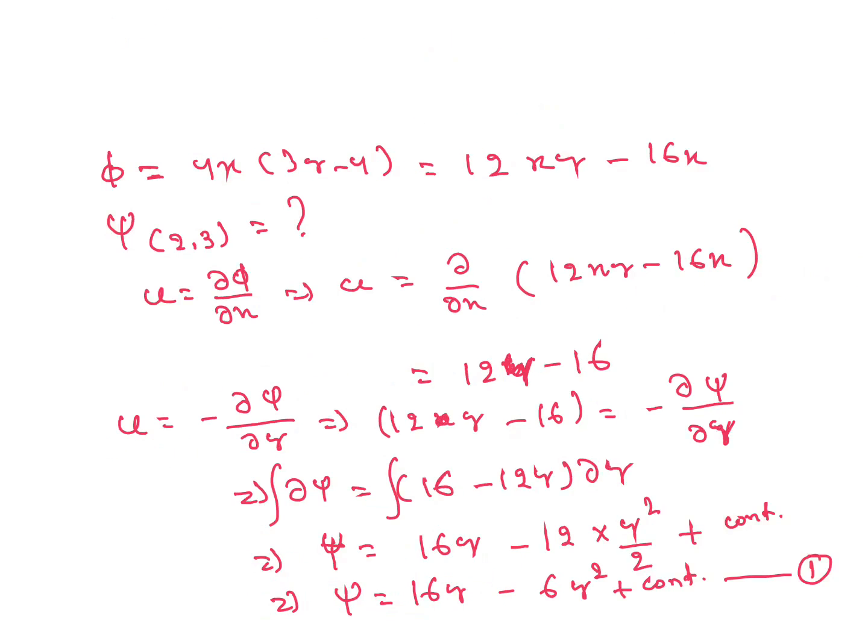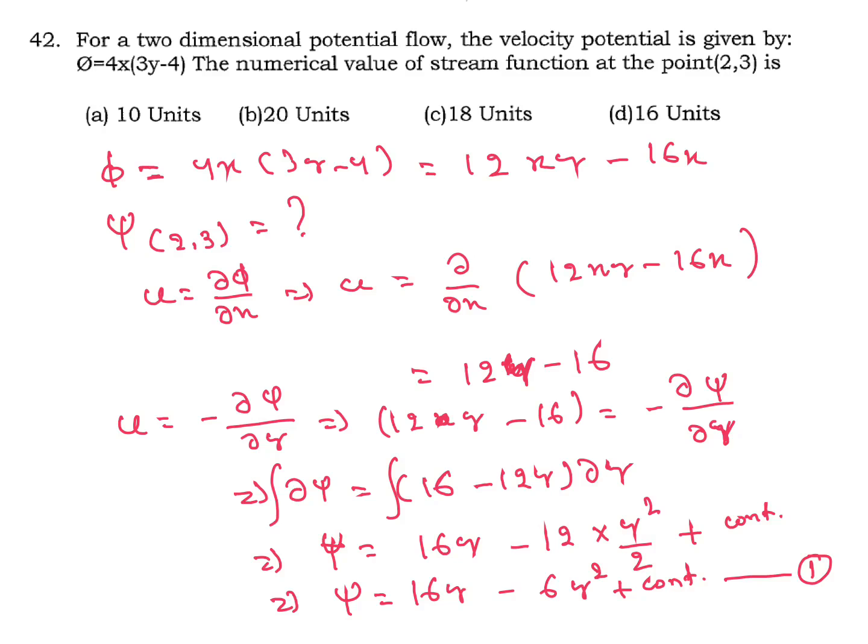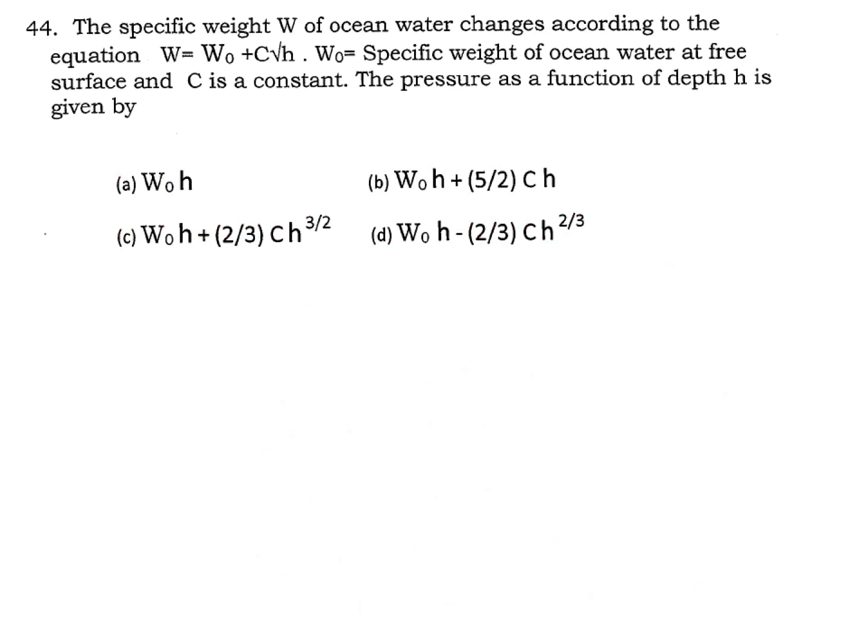The specific weight W of ocean water changes according to the equation W equal to W0 plus C root H, where W0 is the specific weight of ocean water at free surface, and C is a constant. The pressure as a function of depth H is how much? Here given W equal to W0 plus C root H, and we know del P by del H equal to rho g.